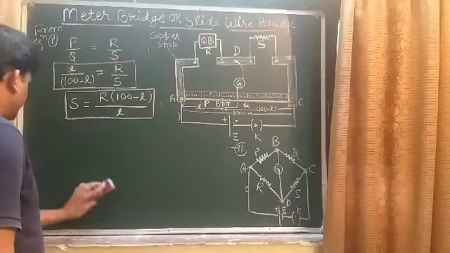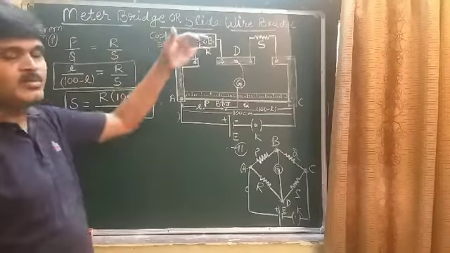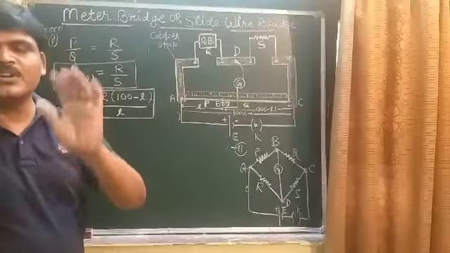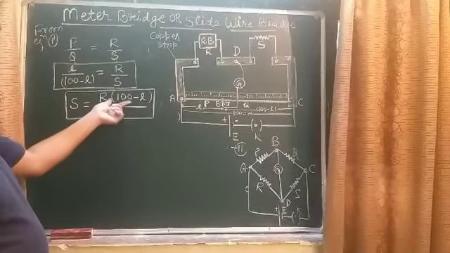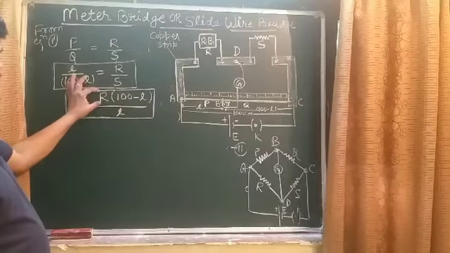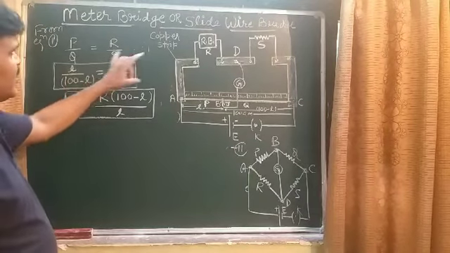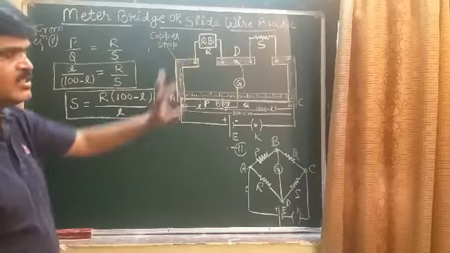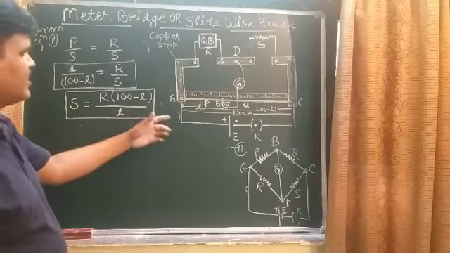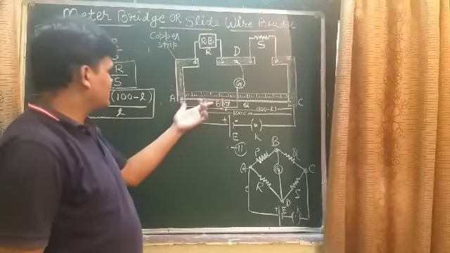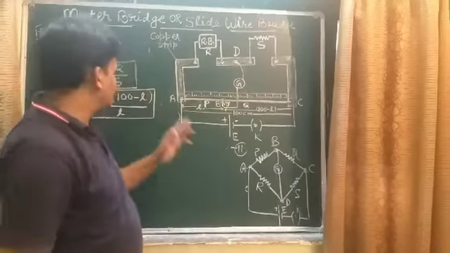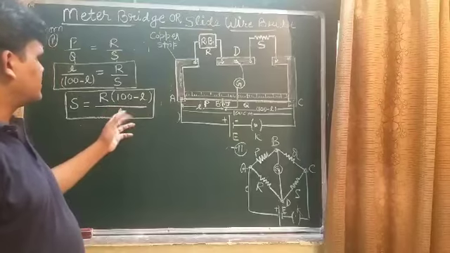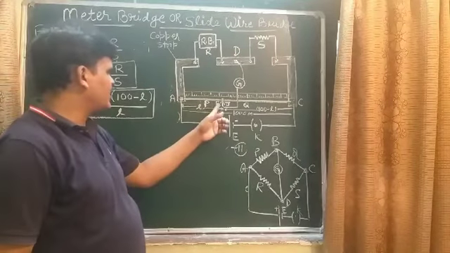Already you know that the meter bridge is a device based on the principle of Wheatstone bridge, which can be used to determine the unknown resistance. R is the known resistance, which is taken from the resistance box, and L is taken from the length of the wire, and the remaining length is 100 minus L.